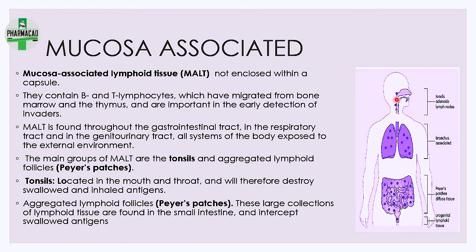Okay? Aggregated lymphoid follicles or Peyer's patches are the large collections of lymphoid tissue found in small intestine and intercept swallowed antigens. I hope this is clear and easy to understand कि ये पहला पुलिस वाला जैसा act करेगा and it is present anywhere there is exposure to the external environment.